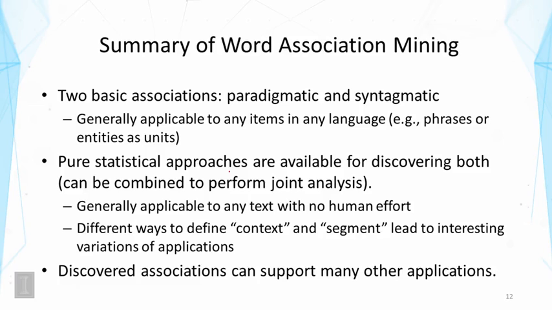And similarly, counting co-occurrences using, let's say, mutual information to discover syntagmatic relations, we also have to define the segment, and the segment can be defined as a narrow text window or a longer text article. And this would give us different kinds of associations. These discovered associations can support many other applications in both information retrieval and text data mining.